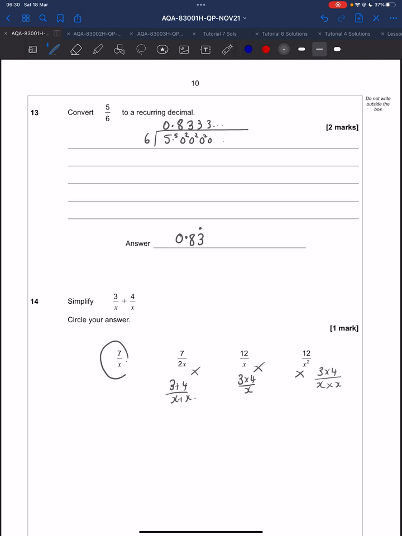And this one is right, because if you've got 3 x's plus 3 x's plus 4 x's, it's 7 x's. You add the tops, but you don't add the denominators. You just need the denominators to be the same, and as long as it's the same, it's that same answer when you add or subtract.